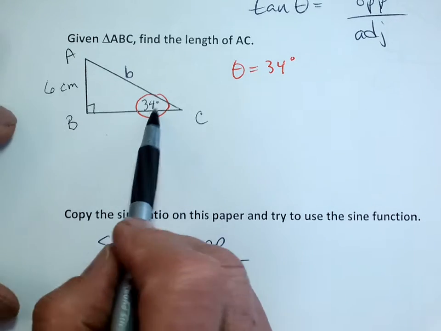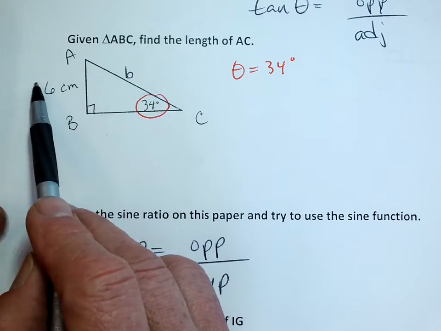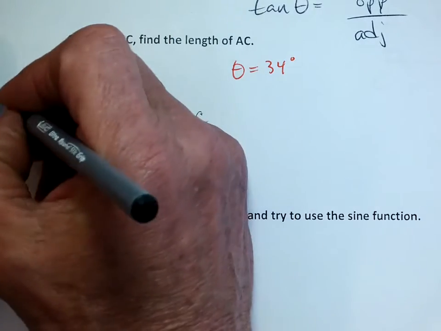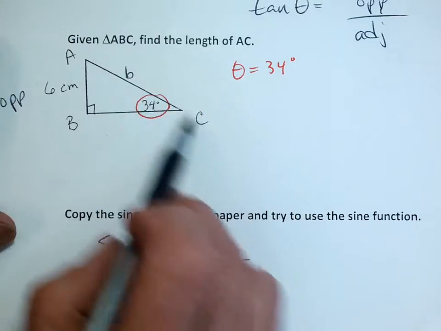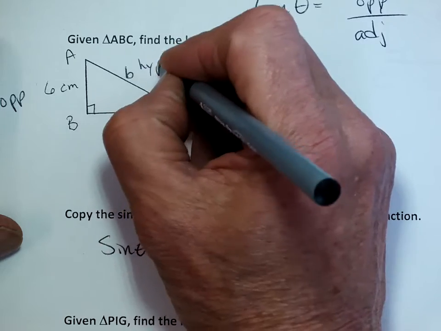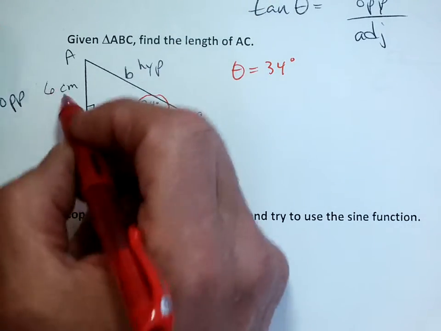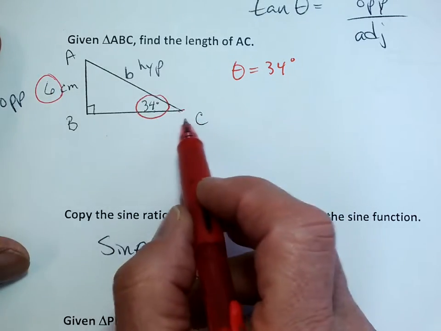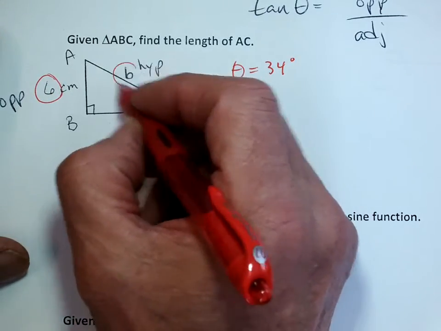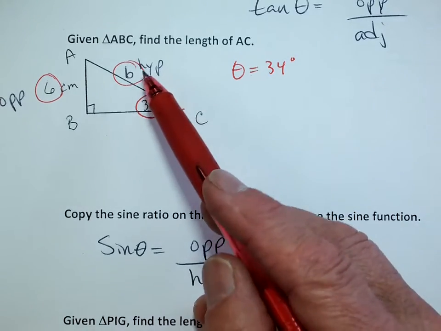So from this angle, the 6 is directly opposite, the opposite side. And the B, or what we want to find, AC, is the hypotenuse, okay? So the opposite side is the 6, and the hypotenuse is B. So those are the two sides that we want to work with, okay?